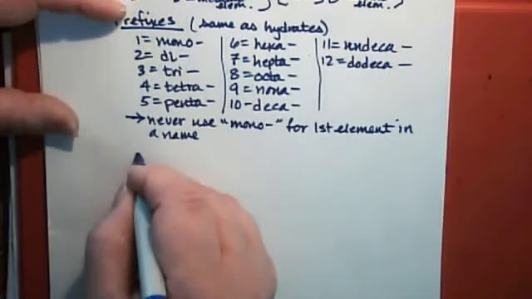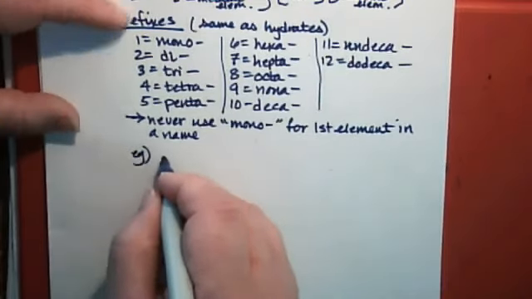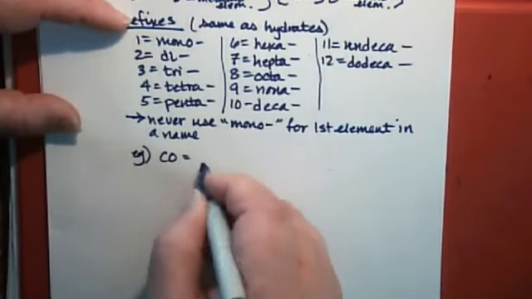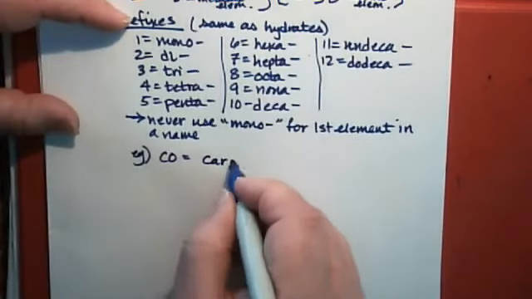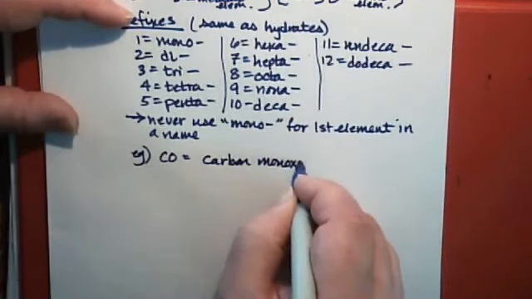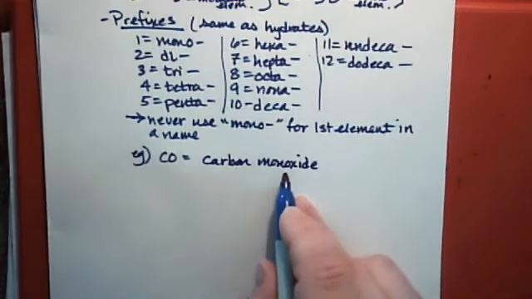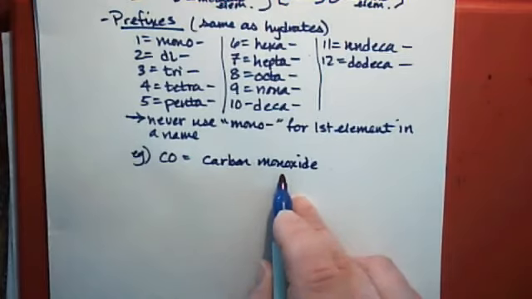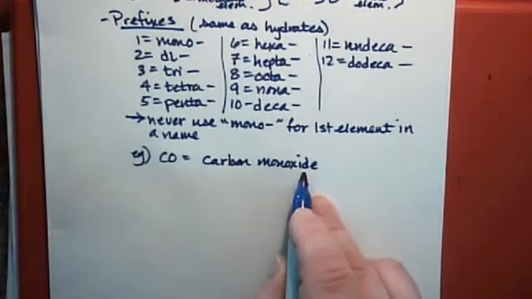And so some examples, you'll note that CO is carbon monoxide, not monocarbon monoxide. And you'll notice another thing about this name: it's carbon monoxide, not carbon monooxide.